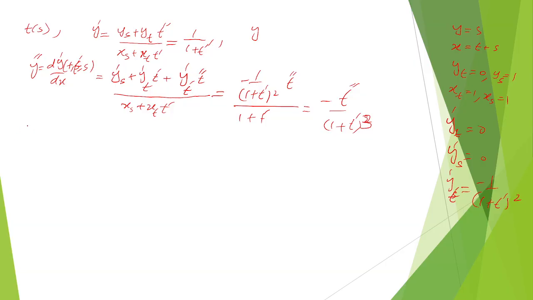Now putting these values in the original equation, y double dash is equal to x minus y dash cube.